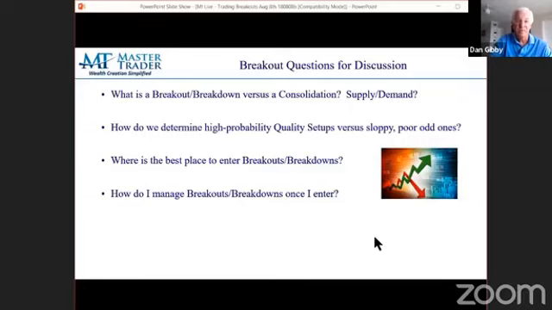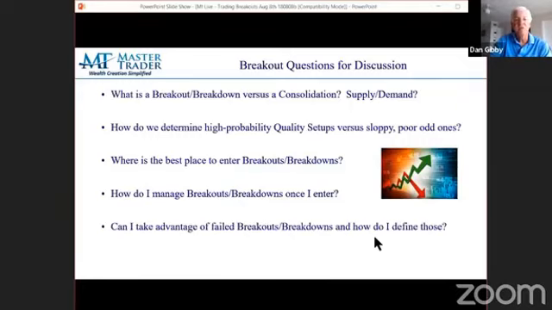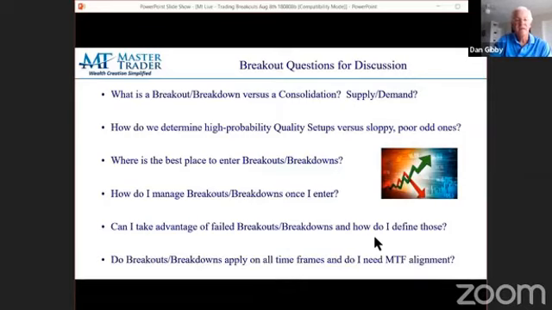What do I do once I'm in it? We're in trade management mode. These are the failed breakouts. We're going to show you how to identify them and trade them. And what about, do I need multiple time frames to be in alignment? I have a beautiful breakout on the time frame that you're looking at. Is that good enough? We'll address that a little bit also.